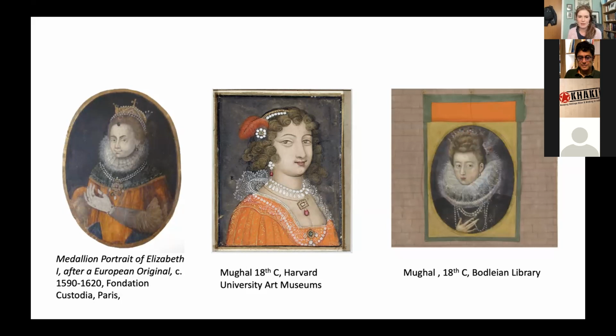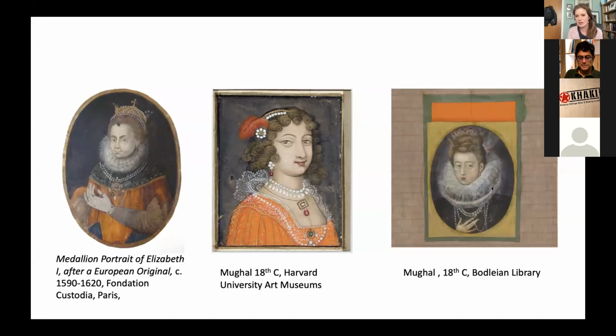On the left-hand side is the earliest of the examples I'm showing here, almost certainly a medallion portrait of Elizabeth I that was brought to the Mughal court and was then copied by a Mughal artist. And then on the right-hand side, you can see these two images dating from the 18th century.